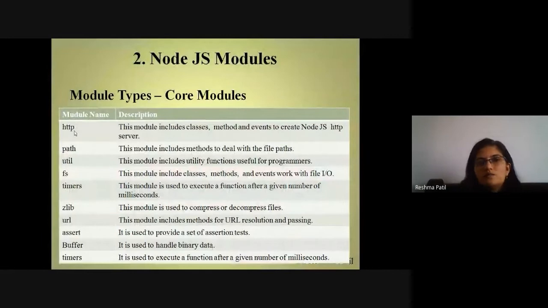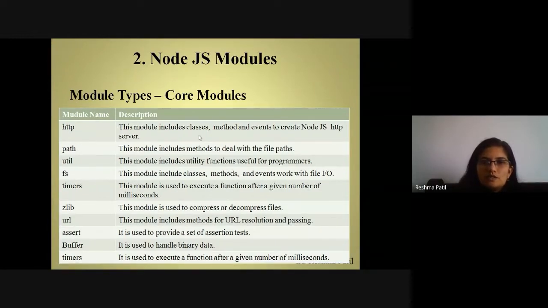HTTP, we have seen this module. We included this module in our last program. This module includes classes, methods, and events to create a Node.js HTTP server. We created this HTTP server, and at that time we included this module.